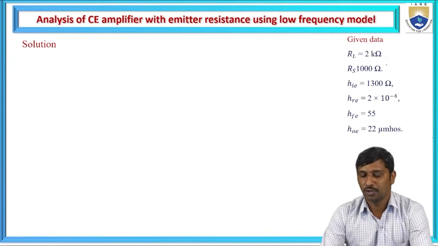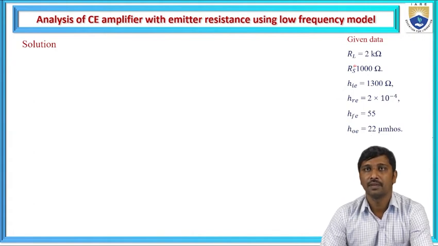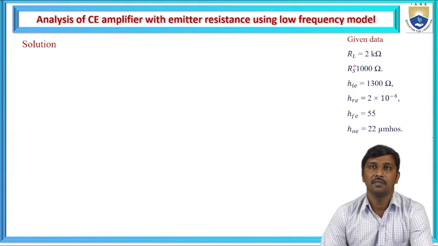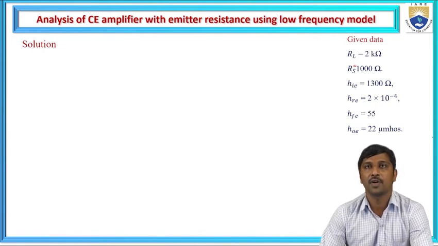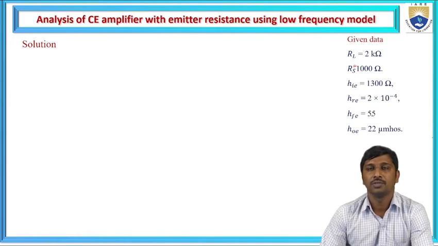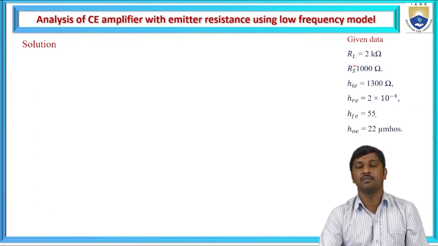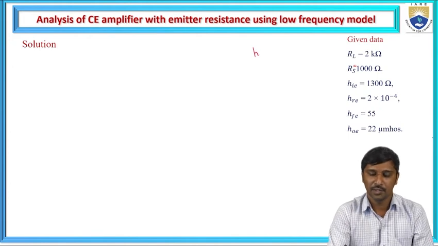RL load resistance is 2 kilo ohms, RS is 1000 ohms, and HIE is 1300 ohms. HRE is 2 into 10 to the power of minus 4. HFE is 55 and HOE is 22 micromhos. First we need to identify which model we need to choose, either the exact model or the approximate model. To choose the approximate model, in a normal common emitter amplifier without emitter resistance, HOE times ZL is less than 0.1.